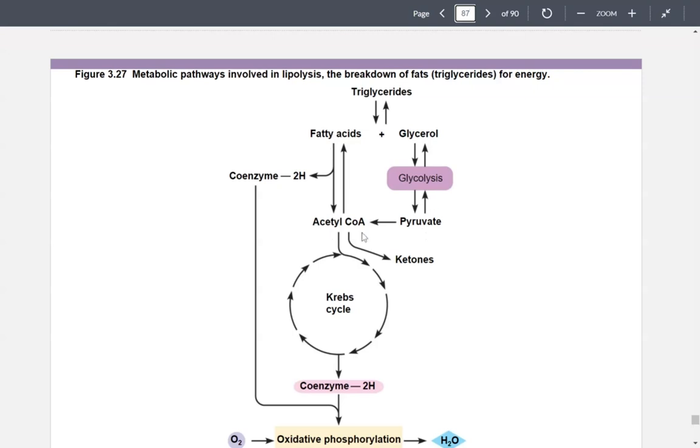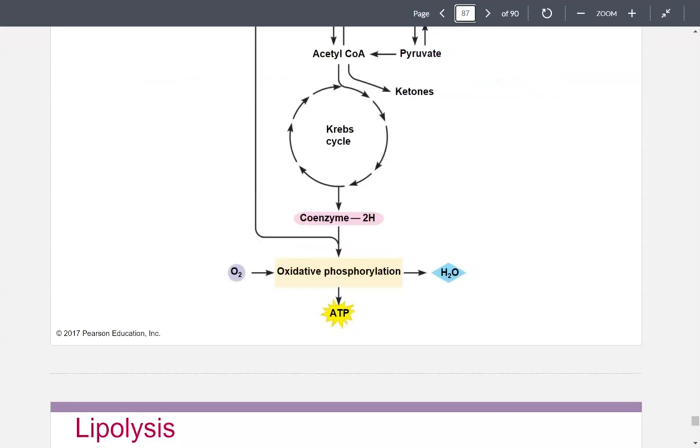Fatty acids can become, with a little bit of modification, acetyl-CoA. That process, though, is going to give off ketones, which is why if you are using fatty acids as your primary fuel source, you're going to end up with a sweet and fruity breath. Ketone bodies smell sweet and fruity, and your body is going to be getting rid of them however it can. And then so on and so forth.